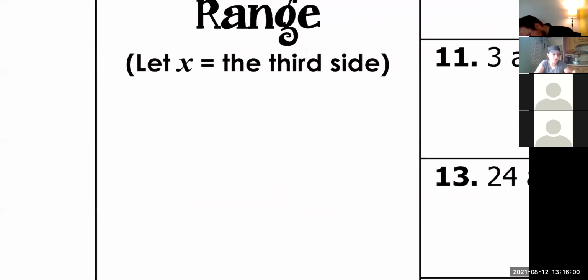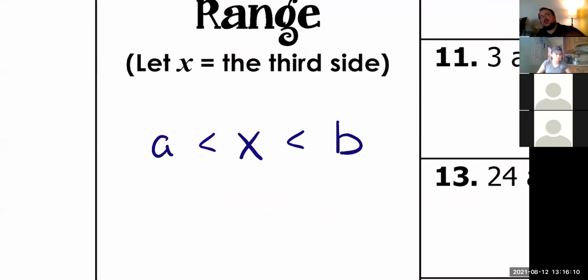Our potential third side is going to be between two values, A and B. So it has to be greater than A. I know it's backwards. This throws you back to the nightmares of Algebra 1, when I made you learn compound inequalities, ew, gross. I said you never have to put them together. Well, here it just kind of happens. But X is between the low value A and the high value B.